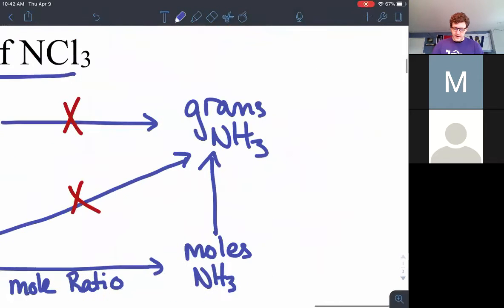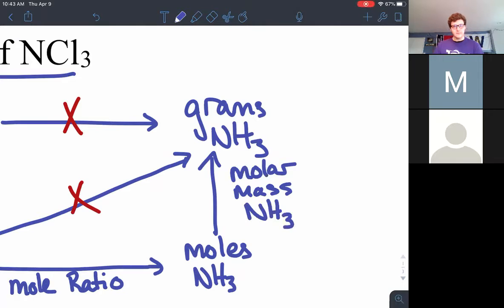Yep, we're going to use the molar mass. We're going to use the molar mass of what compound? NH3. Perfect. All right, so we're going to use the molar mass of NH3 to get from moles to grams of NH3.